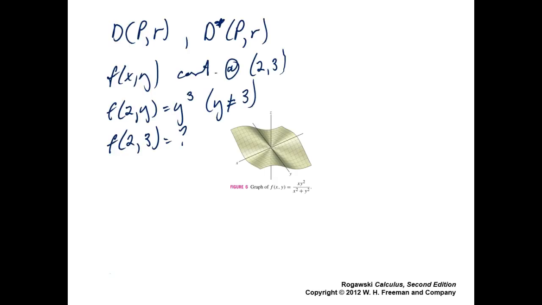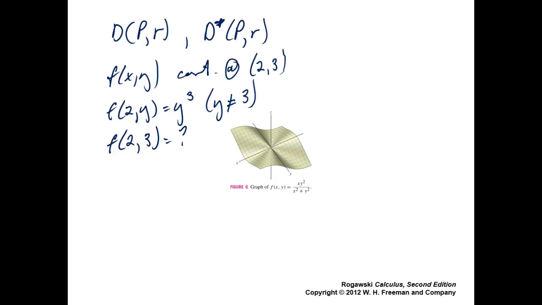I don't know. Okay. So as y is getting closer and closer to 3, what is this getting closer and closer to? Not 9. 27. And because it's continuous, as it's getting closer and closer to that, for it to be continuous, it must be 27 at that point.